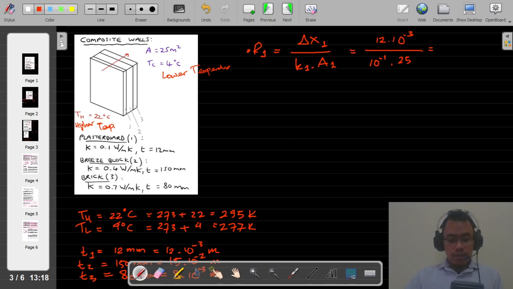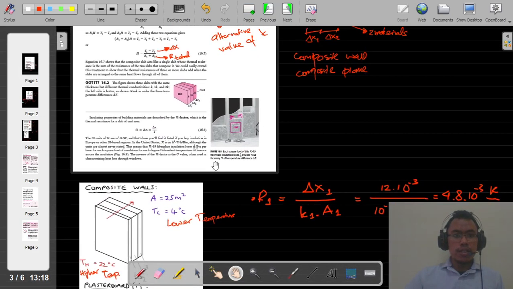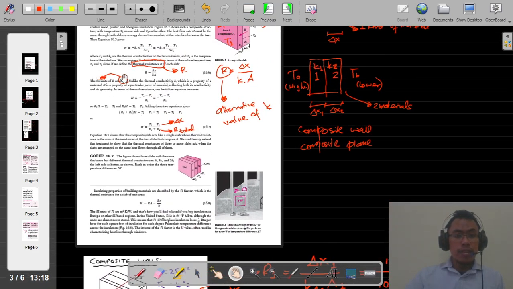It is 12 times 10 to the power of minus 3 divided by 10 to the power of minus 1 times 25. Okay, so I have 4.8 times 10 to the power of minus 3 Kelvin divided by watt. The international unit of R is Kelvin per watt.